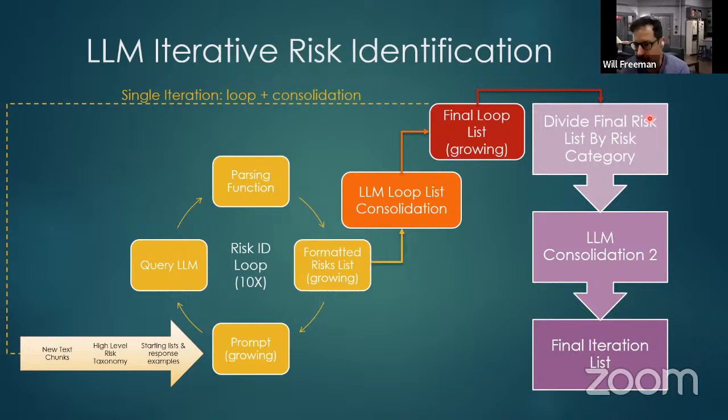So, for example, I would take only the financial risks from this list and give it to GPT-4 and say consolidate these. And then I would give it only the geopolitical risks and tell it to consolidate those and so on. And the idea was to come out with a final list of discrete risks that didn't overlap.